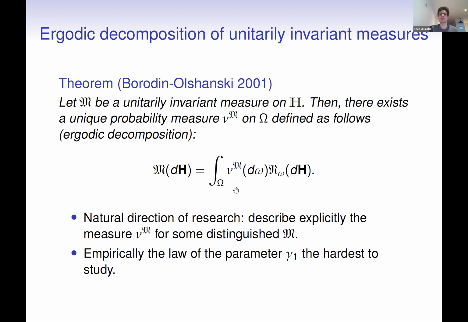In particular, you want to understand these random parameters: under this probability measure, these alpha pluses, alpha minuses, gamma 1, gamma 2, you want to understand their law. In most cases, because of the kind of problems that we study a lot, this parameter gamma 1 is the hardest to study.